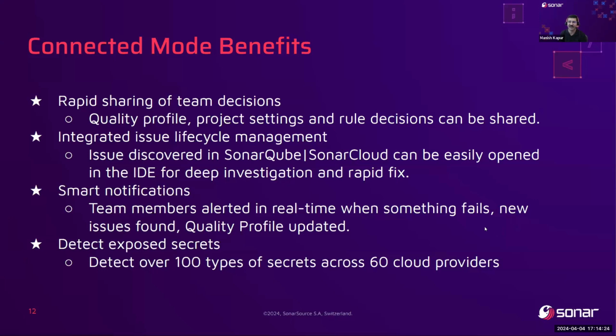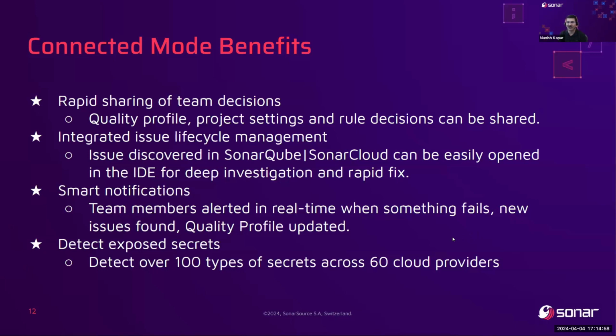We have smart notifications for communication back and forth between SonarQube and SonarLint. And then one of the big things you will get an advantage from, and most people don't use this currently, is that you can detect hundreds or thousands of secrets in the IDE. Typically, secret detection is a capability that most static analysis code tools provide, but most of them do it in the CI pipeline as part of the code repository.